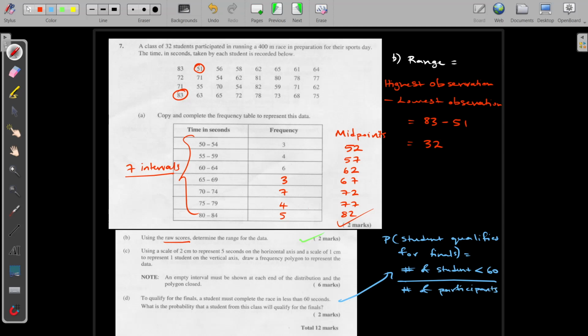So how many students finish before 60 seconds? 7, because that's just the frequency here. And what's the total number of participants? Add up all the frequencies. 32. And this would be the probability of a student qualifying for the finals.